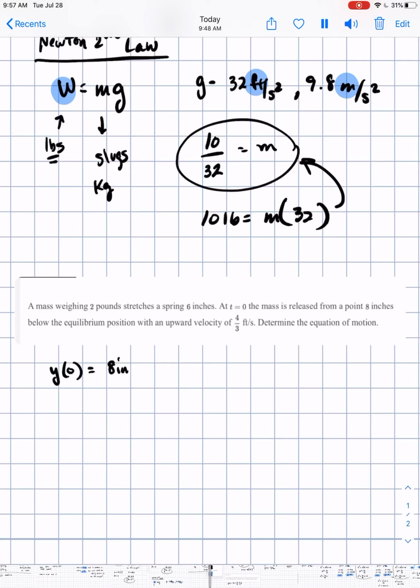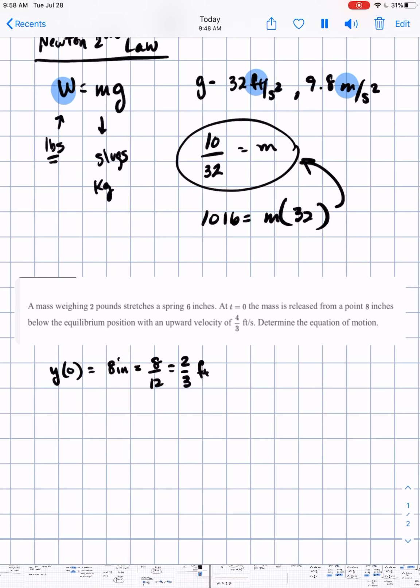I'm going to change it to feet, so 8 over 12, which is 2/3 feet.